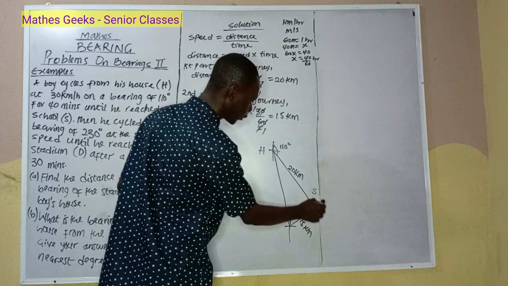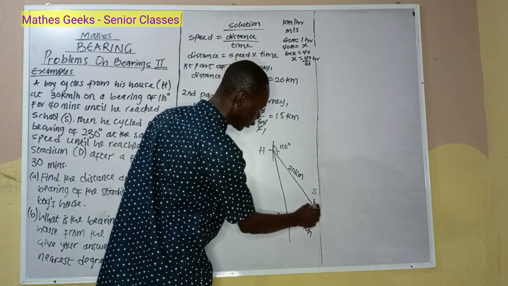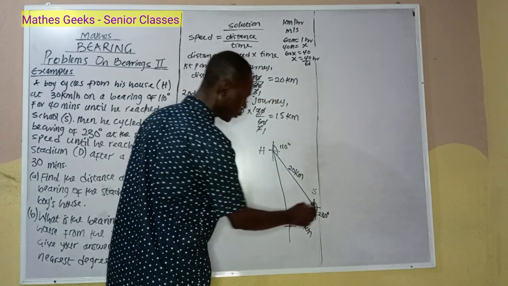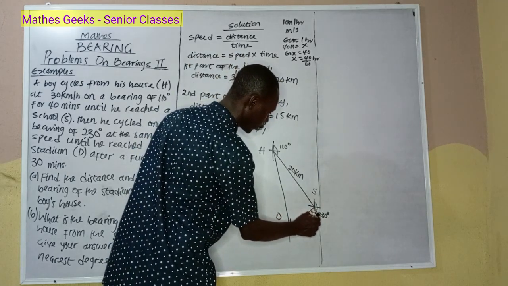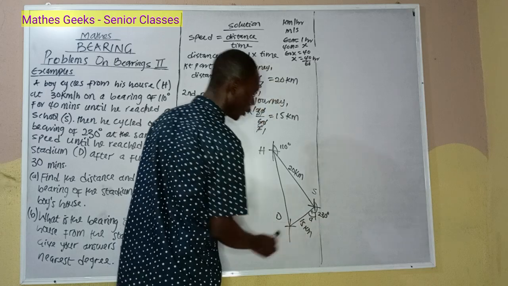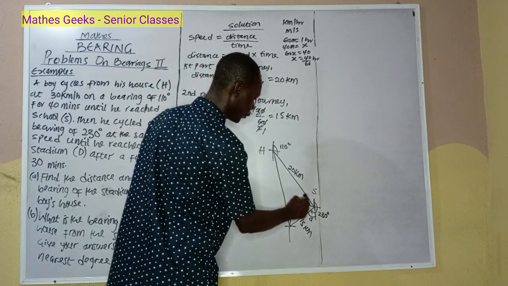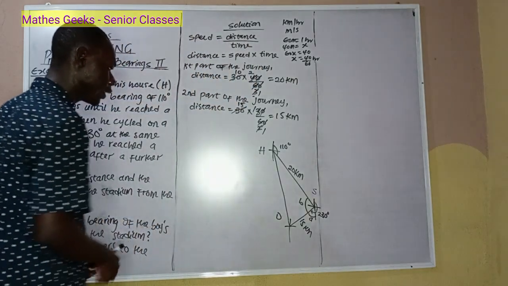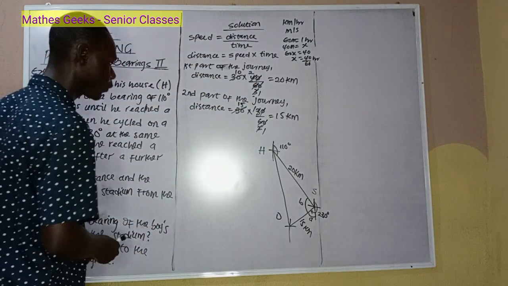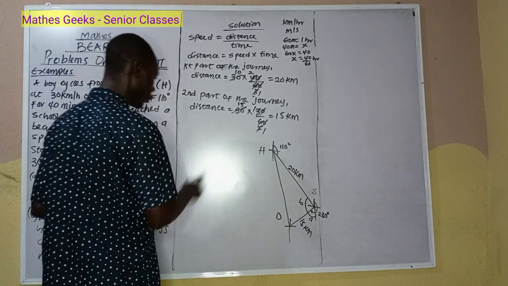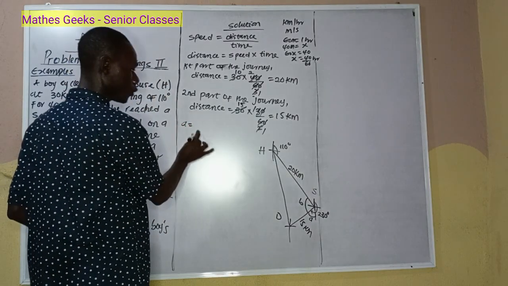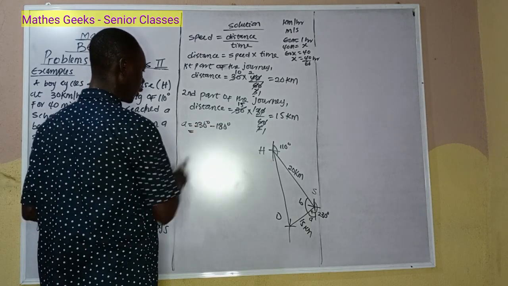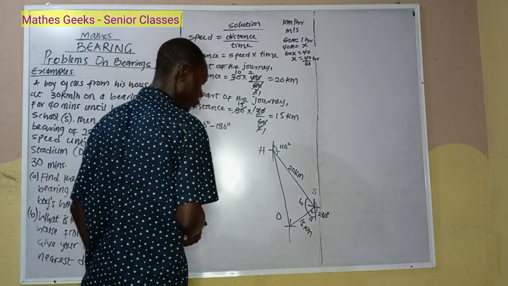So here from the south, the bearing was 230 degrees. Let's find this angle. Let's call it A, and let's call here B. So A is equal to 230 degrees minus 180 degrees.